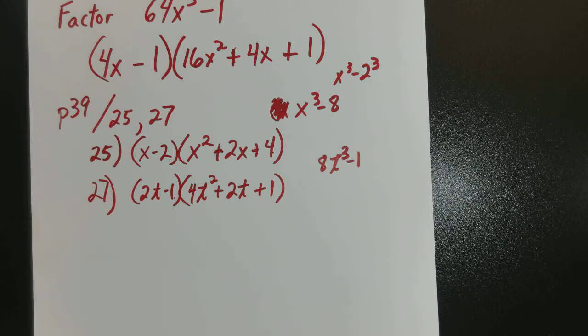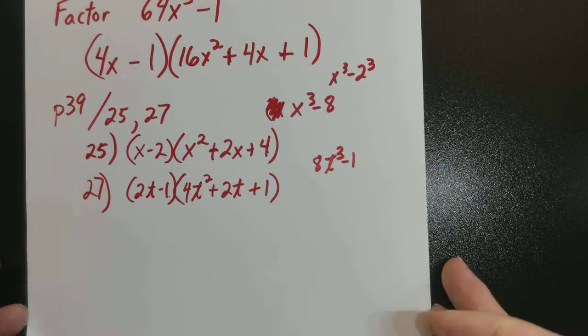All right. Any questions? All right. Then the next thing is, we did difference of cubes. What do you suppose next? What's the opposite of difference in mathematics? Sum, yes. Let's do sum of cubes.